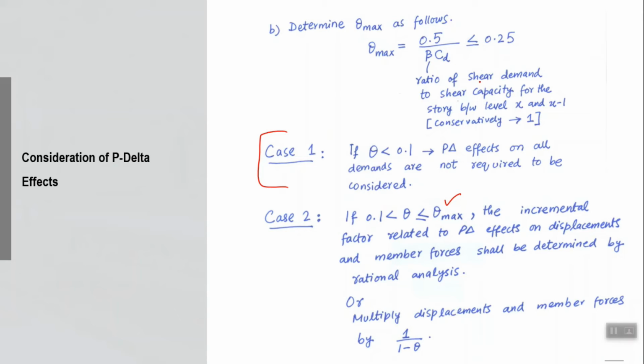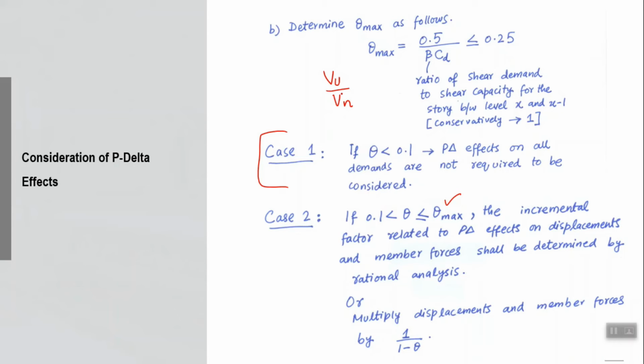Beta is the ratio of shear demand to shear capacity for that particular story between level x and x minus 1. You can conservatively take it as 1, but actually beta is shear demand Vu over Vn of that whole story, right?